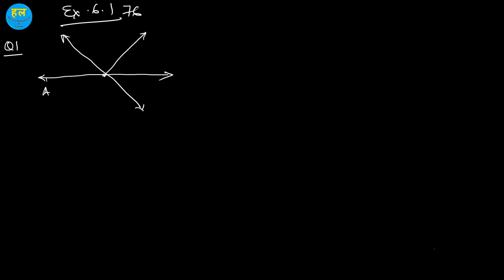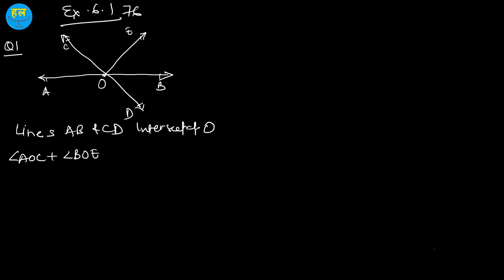We name it A, B, center O, this is C, this is D, and this is E. This is the diagram in question number 1.